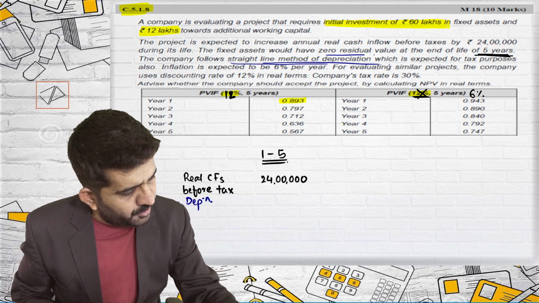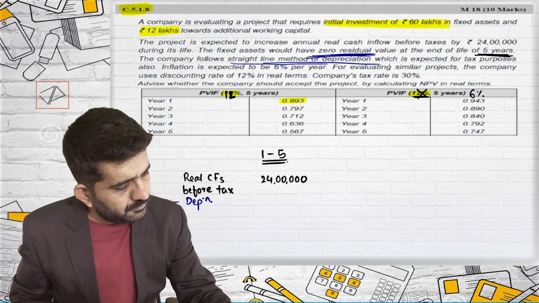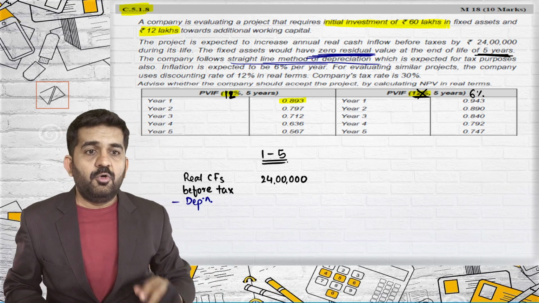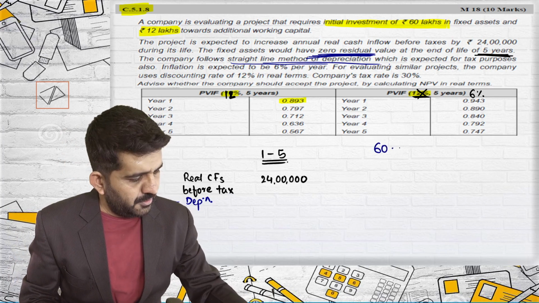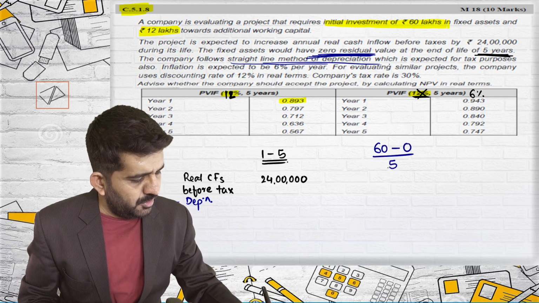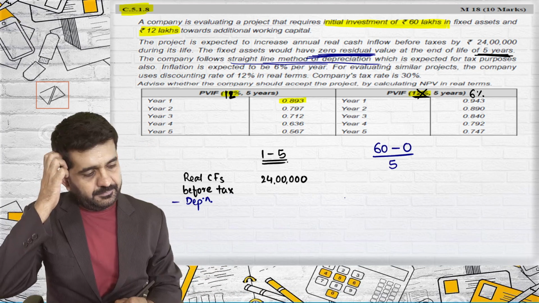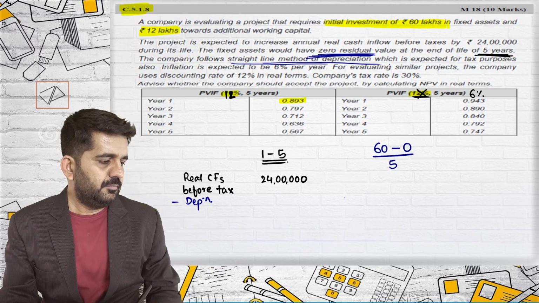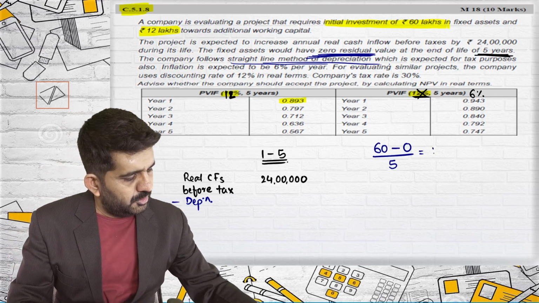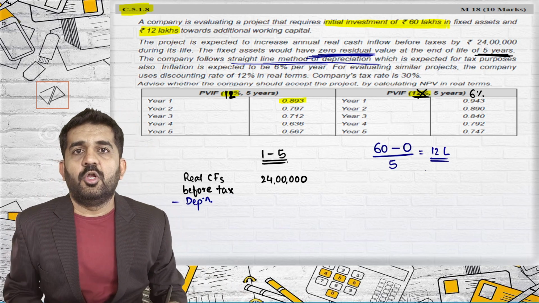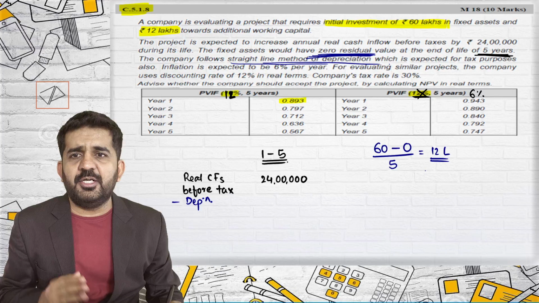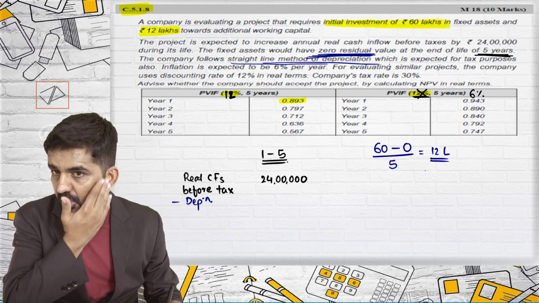Residual value, zero residual value. Right? How to find out depreciation by straight line method? Cost minus scrap value divided by number of years. This is 12 lakhs. All of you know straight line method of depreciation, right? Cost minus scrap value divided by number of years.